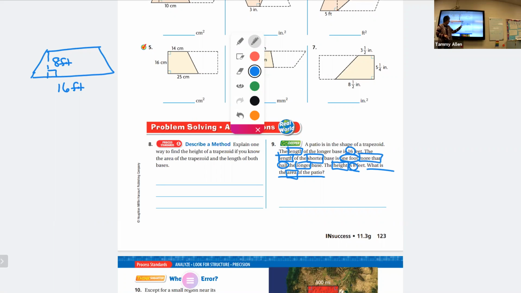One more than half. So 16 divided by 2 is 8, and one more is 9. How many of you had the measurements correct? Okay, all right. So now we have the measurements correct, we can now find the area, right? Does that make sense?